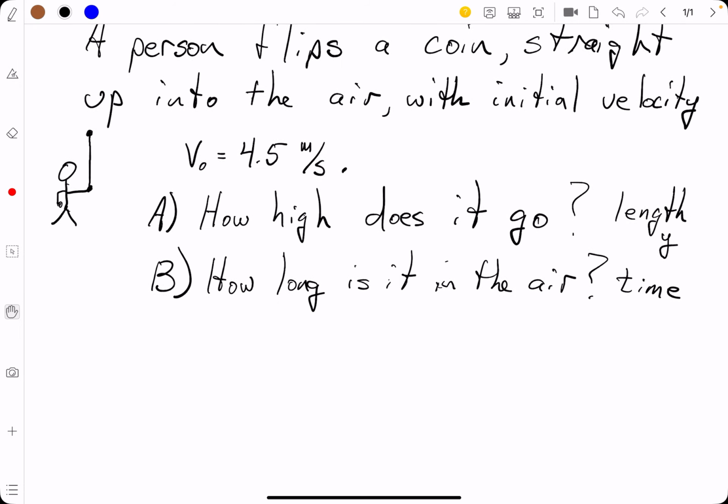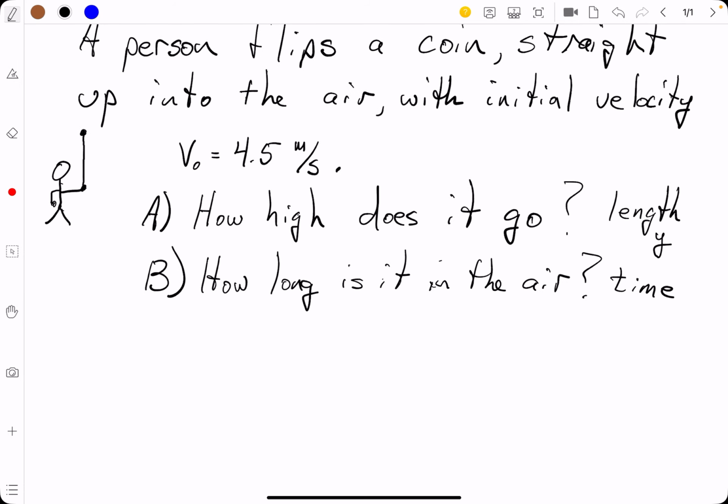So let's tackle A first. Hopefully we can figure out that at the top, down here is V naught, and up here is V final. What is V final? If it's at the top and it's not moving left or right, only up and down, it actually stops at that point.